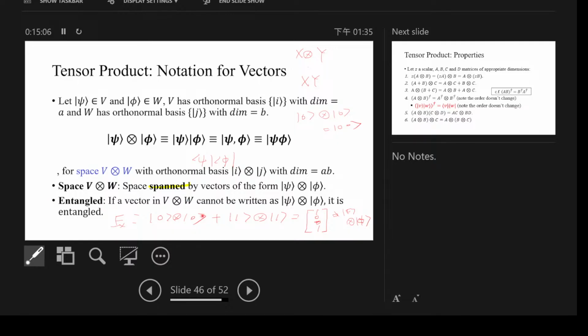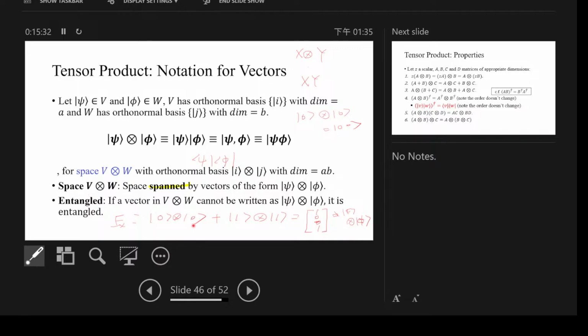And as we say, any linear combination of vectors in this tensor form is inside this space V tensor W. Okay? You can add them together, and they are still in this linear space, because any linear combination of things inside the space should also be inside the space.